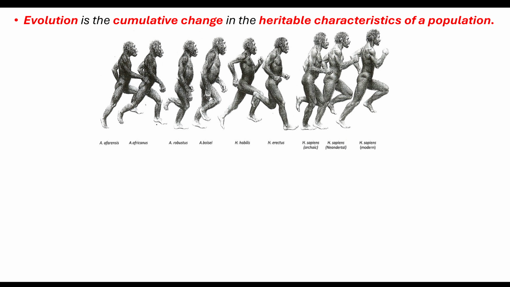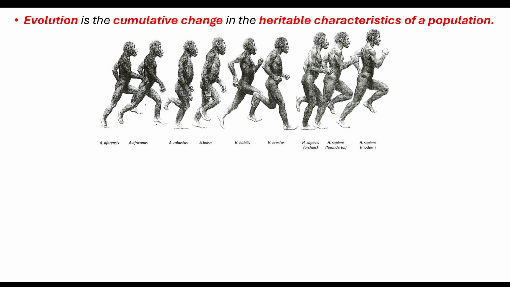Those alleles are then expressed, and what we see is their phenotype. Evolution is where we see this cumulative change in these heritable characteristics of a population. It depends what these characteristics are, why they're necessary, and what gives them advantage, which results in changes continuing and progressing forward.